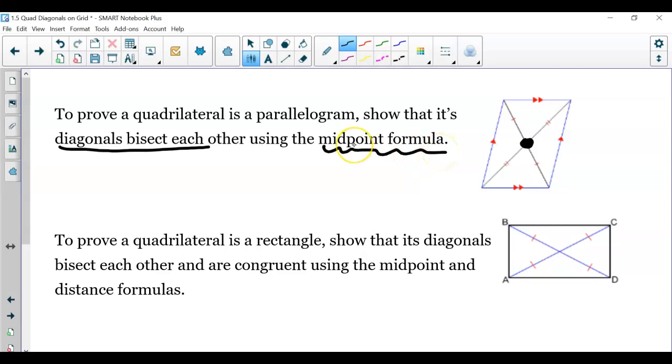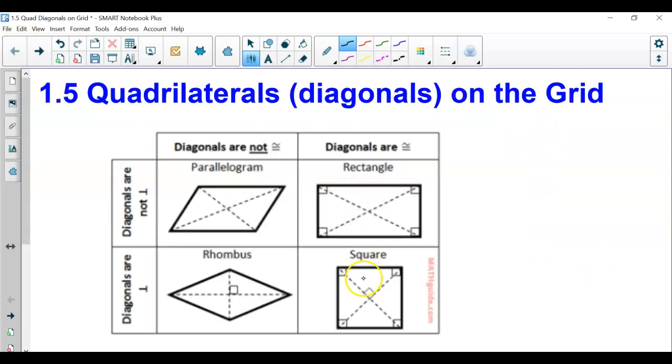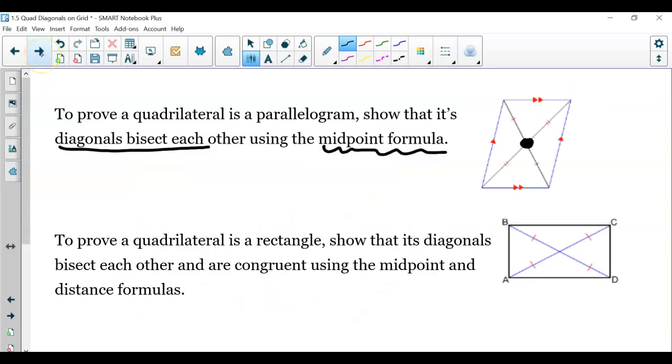So if you end up with a quadrilateral where the diagonals do not have the same midpoint where they cross, then you do not have any of these four, because in all four of them, the diagonals must bisect.